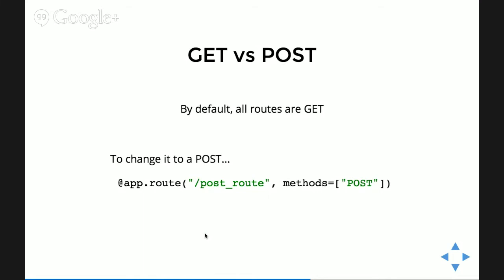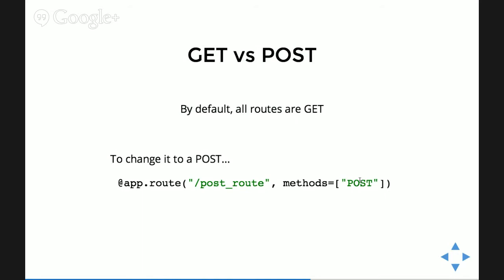By default, all routes are GET requests in Flask. To change one of your routes to be a POST request, you just add methods equals POST to the end of it.